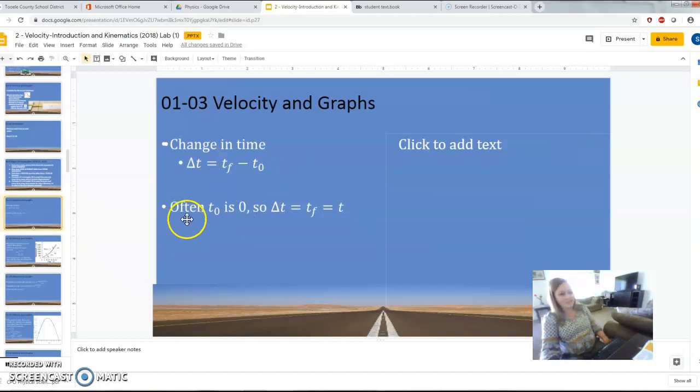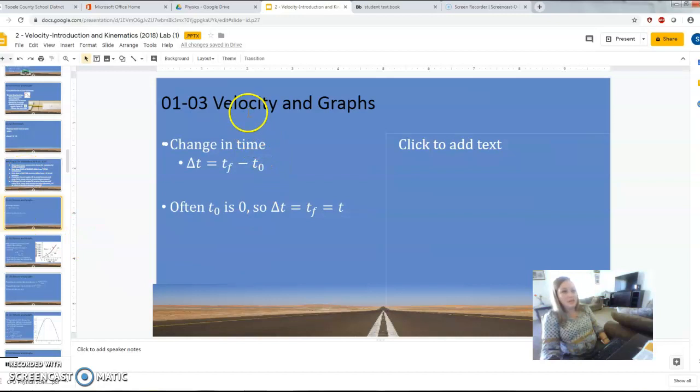A lot of times, t sub 0, which we call the initial time, is set at 0. If you turn on your stopwatch and don't click it, 0 is where we're going to start. So delta t equals the final time, which is why you could time it with a stopwatch. Time is very important in doing this.